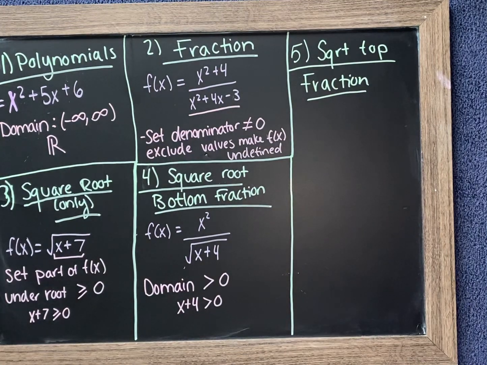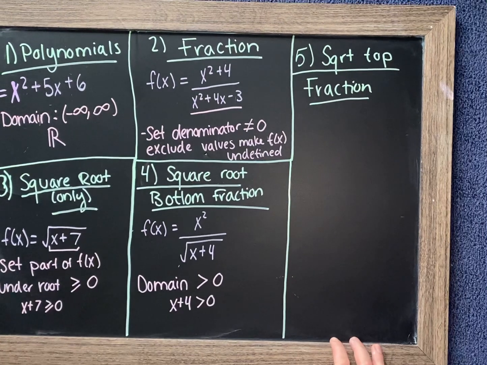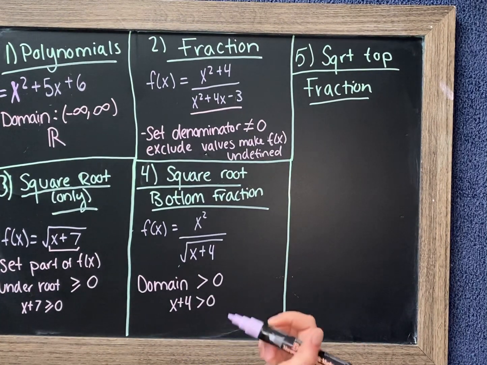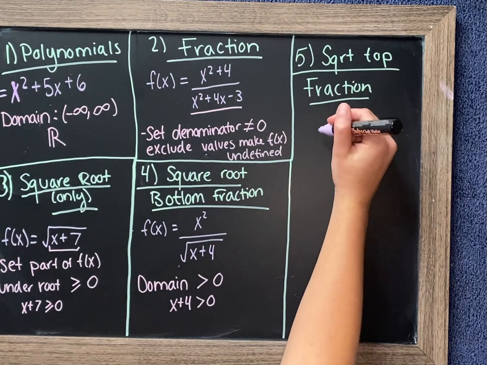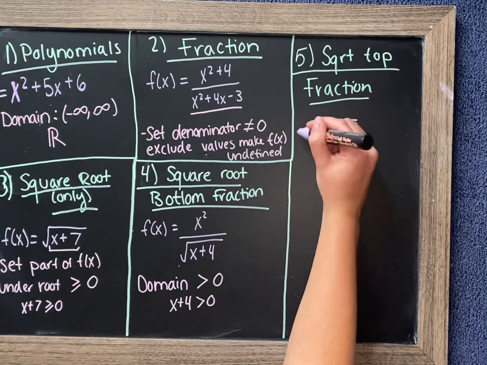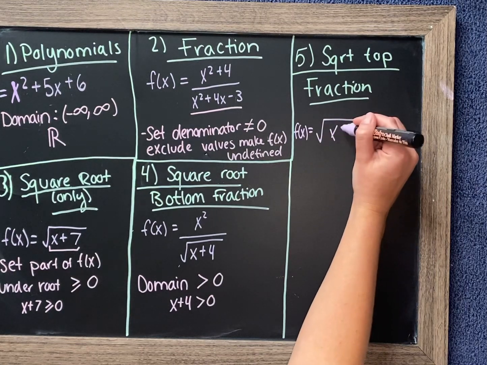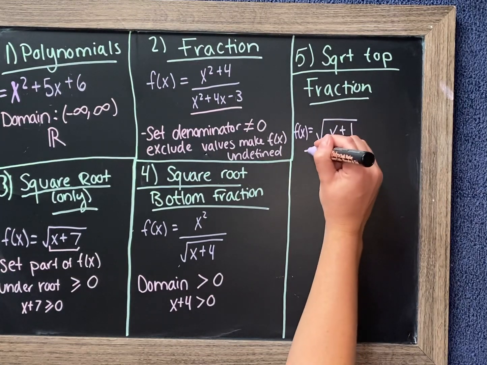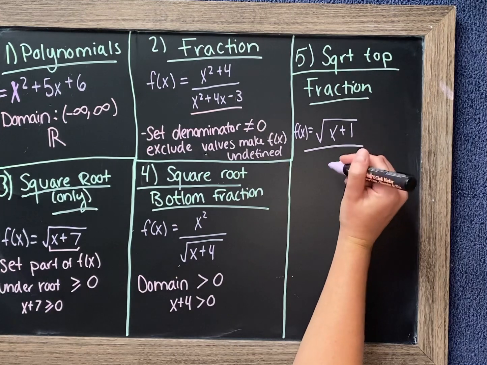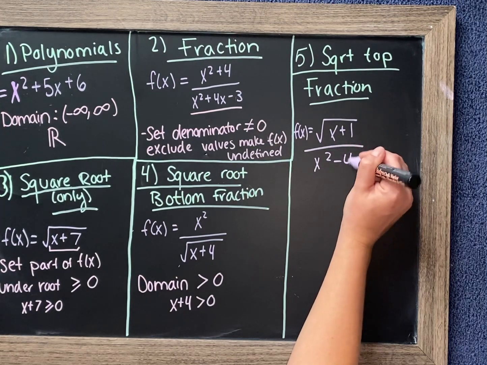An example of a problem that might look like this is f of x equals the square root of x plus 1 divided by x squared minus 4.